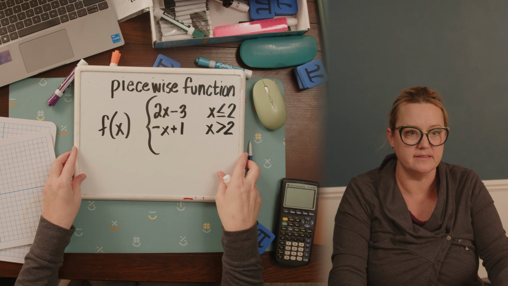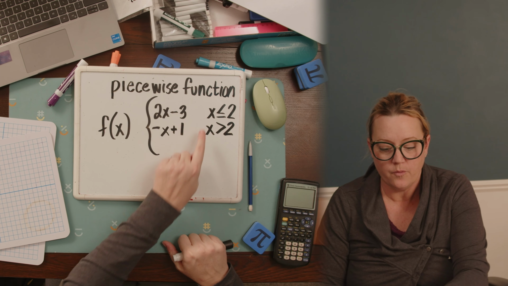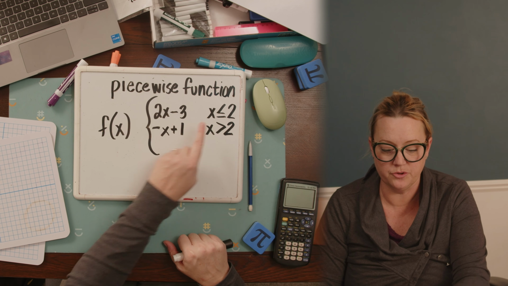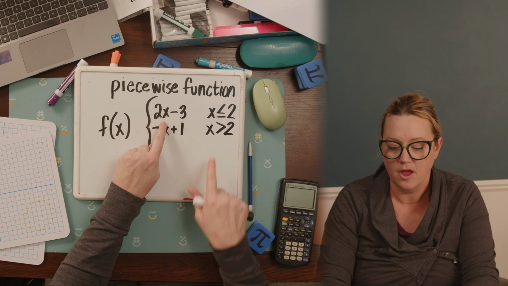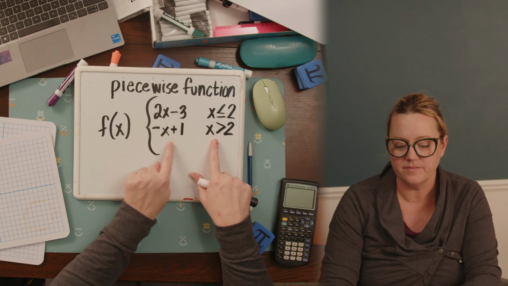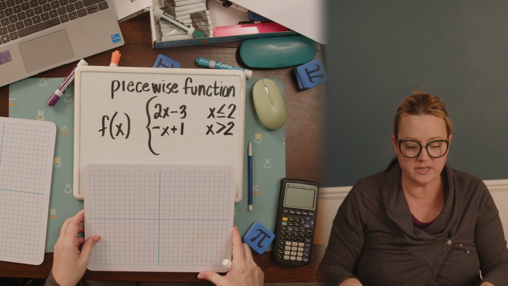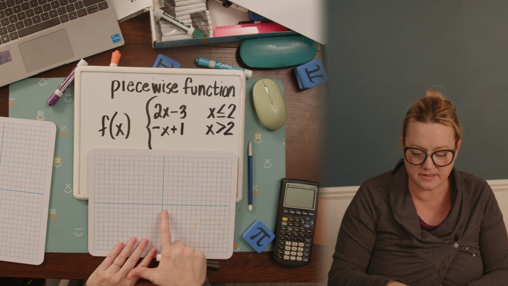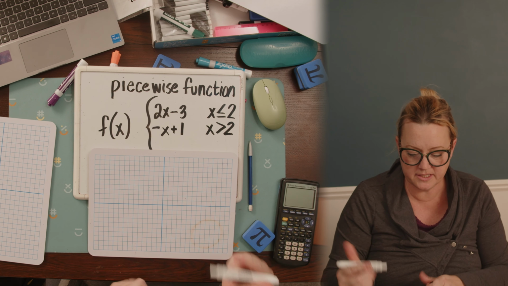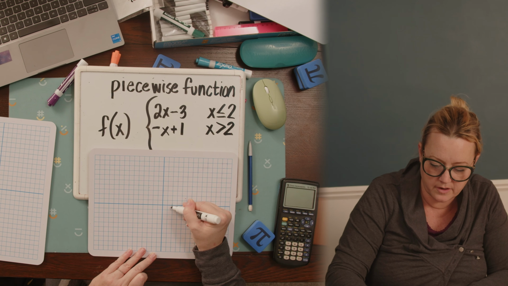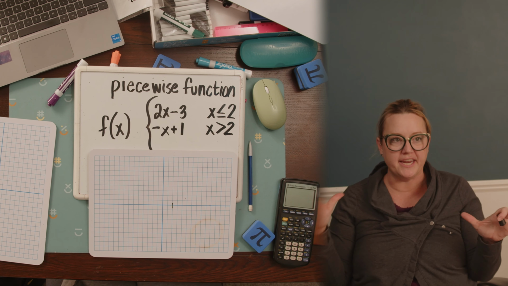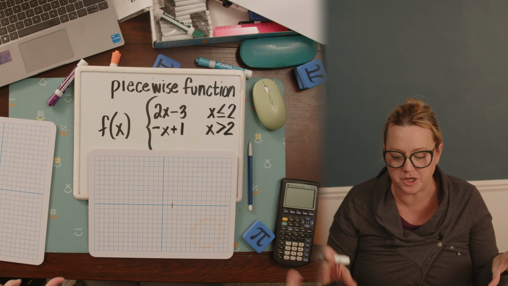So what this means is that when x is less than or equal to 2, it's going to follow this line. But when x is greater than 2, it follows this line. Okay, so I know that this spot here where x is 2 is kind of like my change point, my transition point.